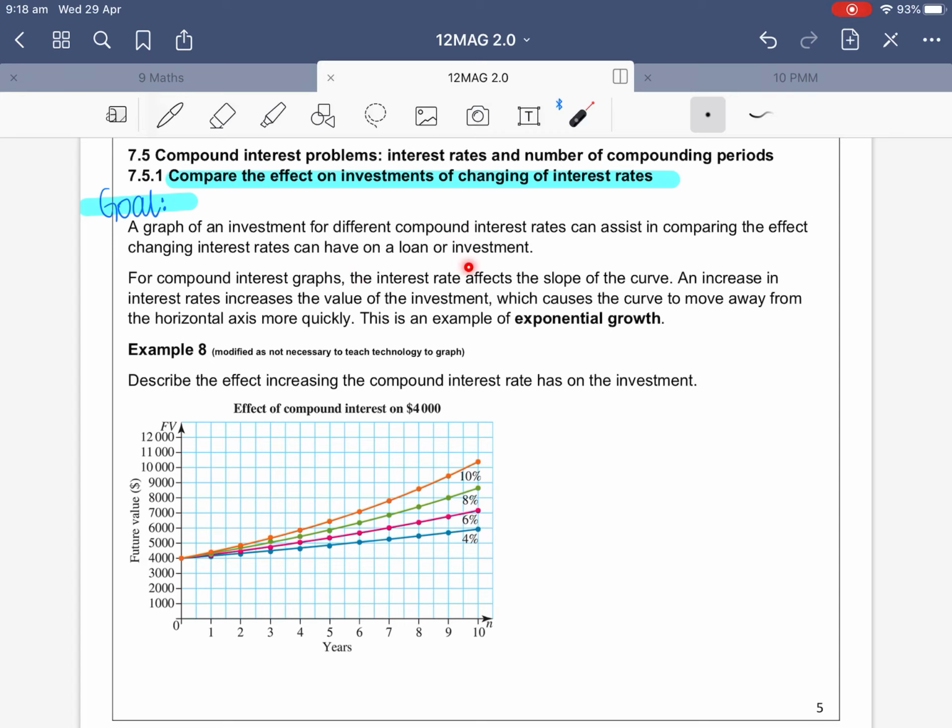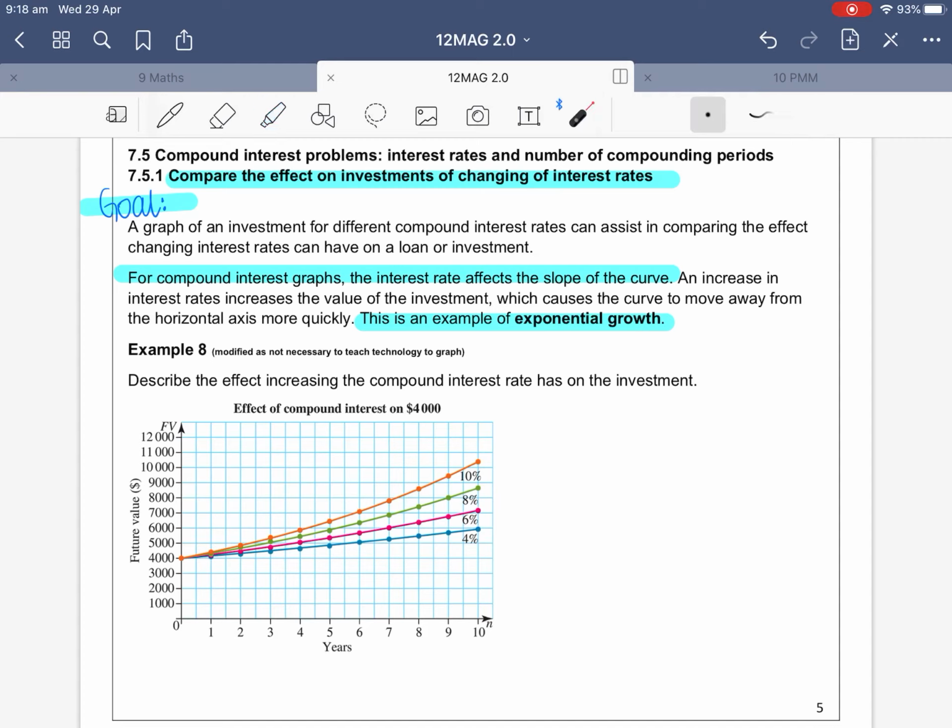A graph of an investment for different compound interest rates can assist in comparing the effect of changing interest rates. For compound interest graphs, the interest rate affects the slope of the curve. Let's highlight that sentence because that's a really important one. An increase in interest rates increases the value of the investment, which causes the curve to move away from the horizontal axis more quickly.